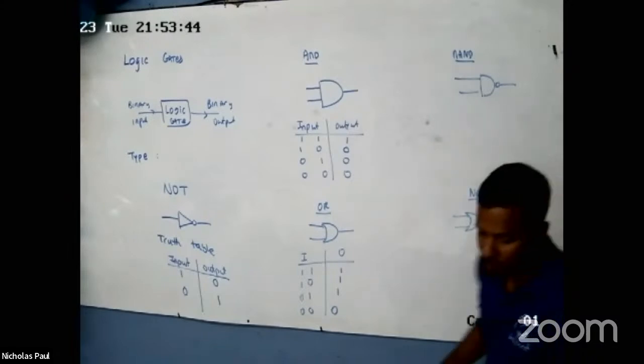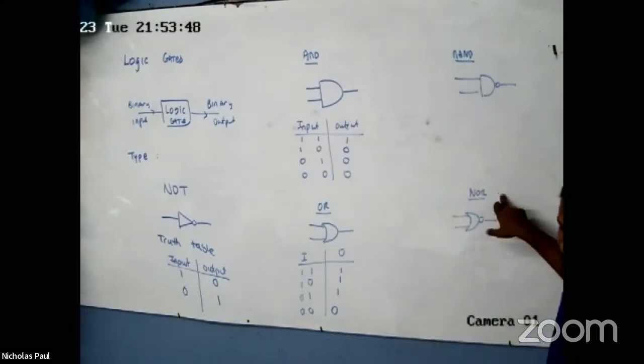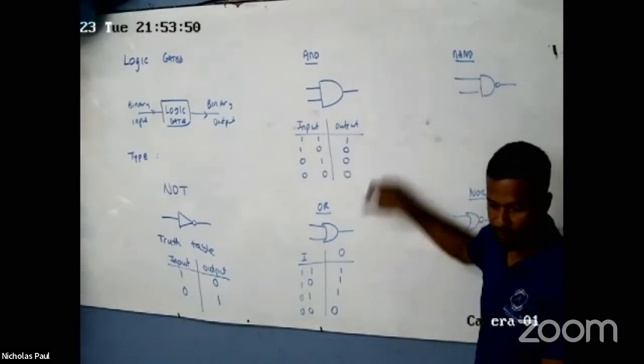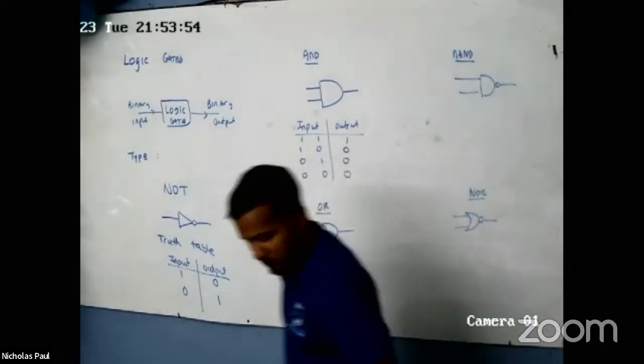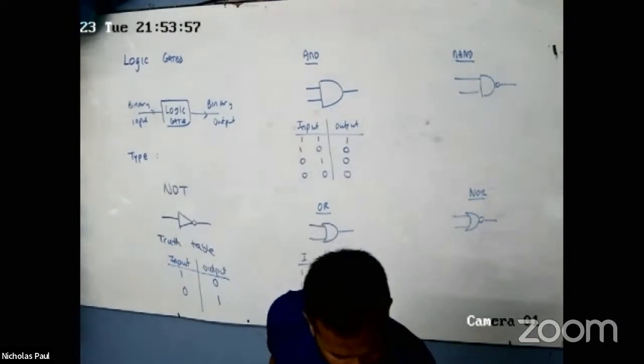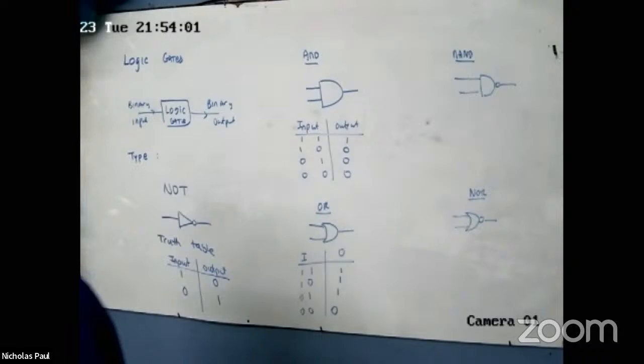Copy them down and draw the truth table for these two remaining ones here. This is the opposite of this, and this is the opposite of this. Draw them, the truth table for each one, and then that two.